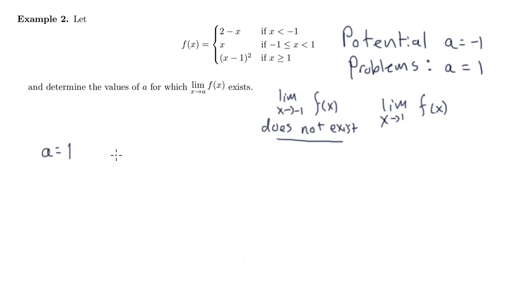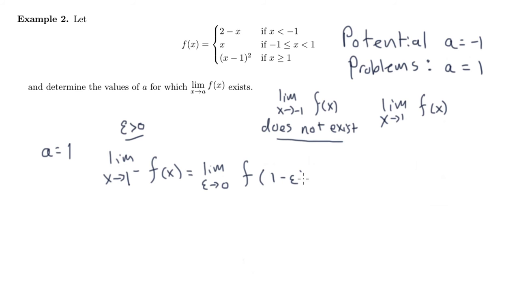Well, let's look at the left and right hand limits. So the limit as x approaches 1 from the left of f of x, we want to let epsilon be a very small positive number. And then this is just the limit as that small positive number goes to 0 of f of 1 minus epsilon. I just take away a little bit to look to the left of x equals 1.